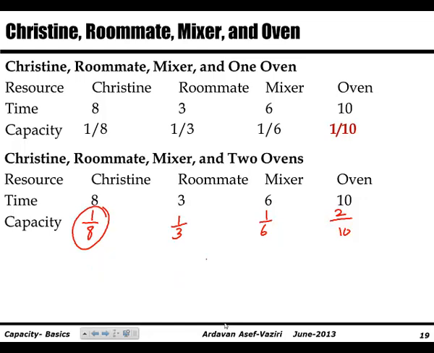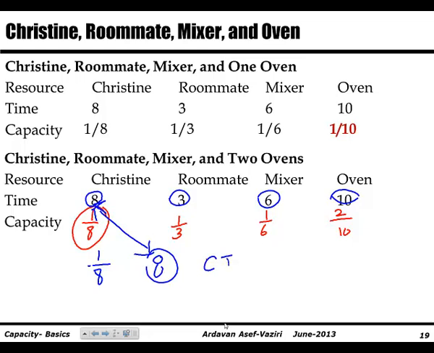Flow time is still 8 plus 3 plus 6 plus 10. Cycle time: in 1 minute, we produce 1 over 8. Therefore, after 8 minutes, we produce 1. And this 8 can be read from there too. As long as only one resource unit exists in a resource pool, cycle time is equal to TP. TP for Christine is 8.